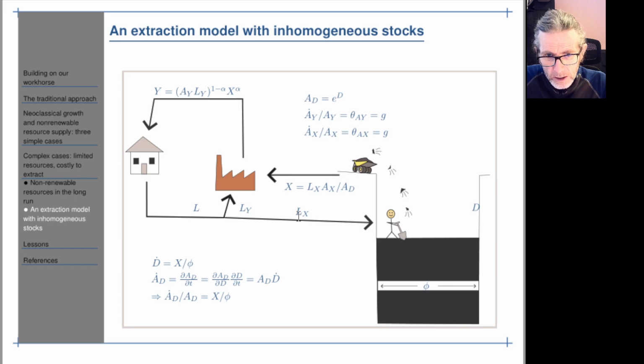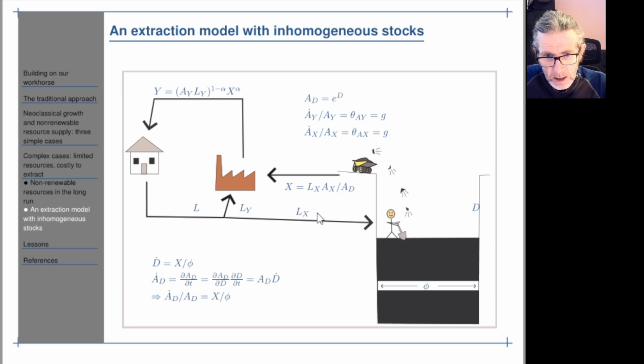And so now productivity increases affect labor in the mine and labor in the final goods sector, and we actually differentiate between those, so they could grow at different rates. Theta AY, theta AX, LY, LX.